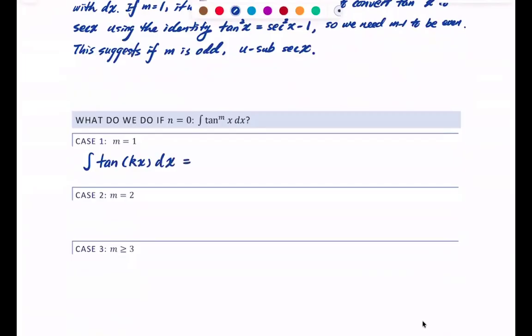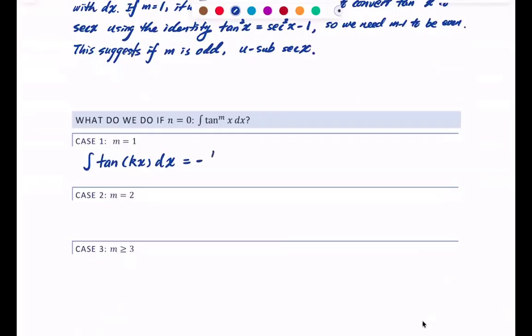So when we integrate tangent, what do we get? Something over... negative 1 over k.